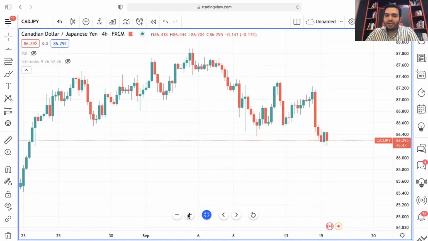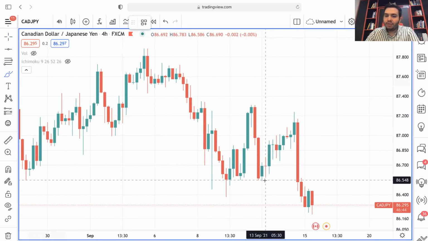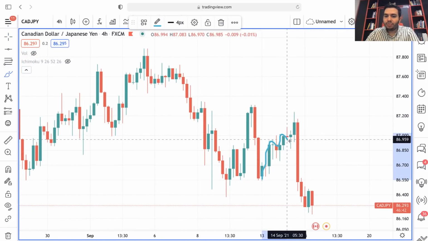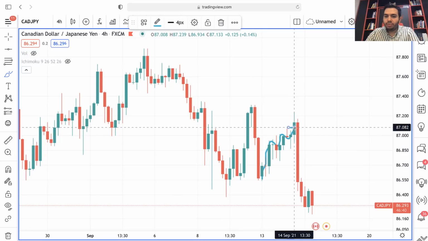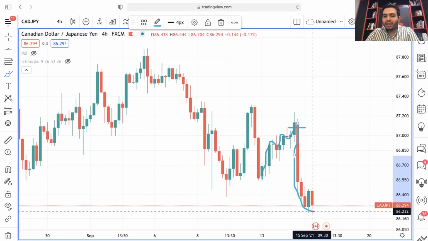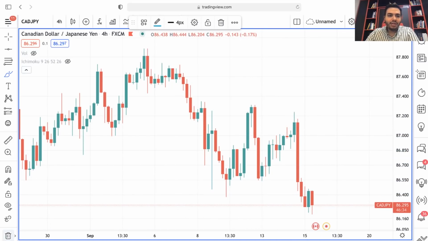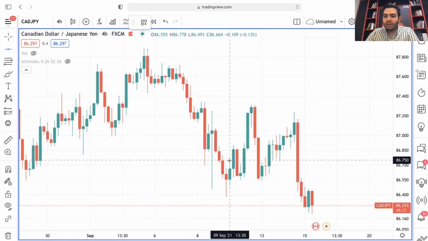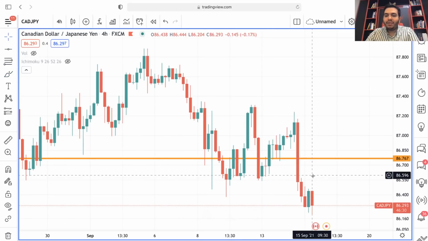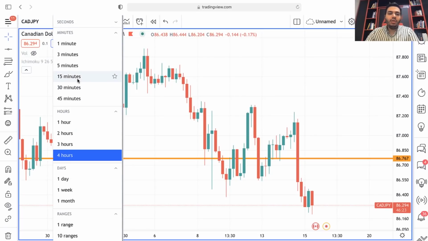As you can see, even here in CAD JPY, we had an uptrend, a range area in lower time frames, and then another big red spike. When this happens, at the 50% of this movement, around here, we can wait for some signals to enter a short position, and we can actually use even lower time frames.